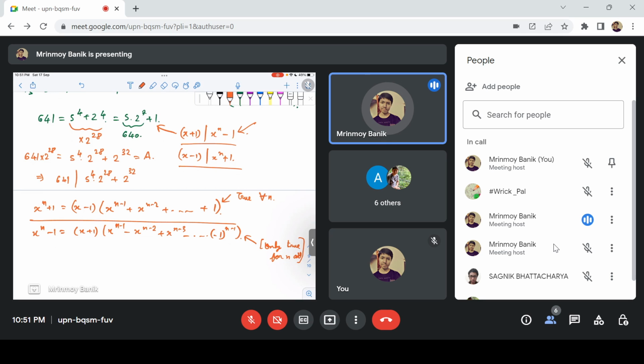So how can we use this? We can plug x equals 5 times 2 power 7 into this equation. So 5 times 2 power 7 plus 1 divides 5 times 2 power 7 whole power 4, minus 1.